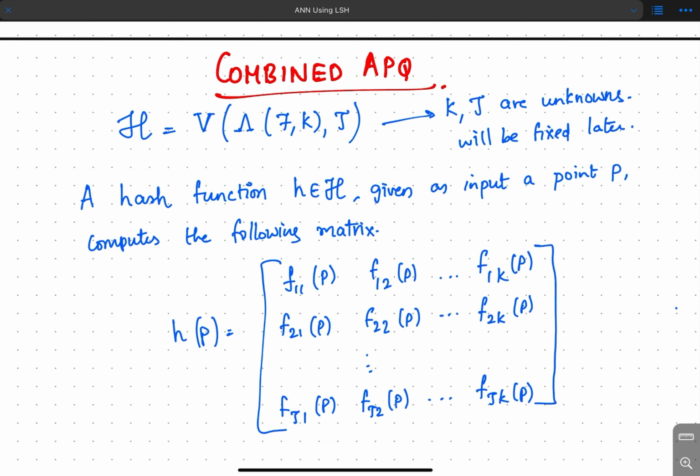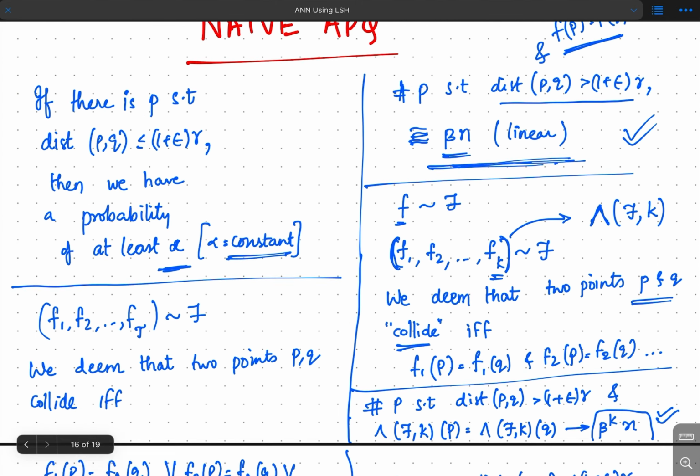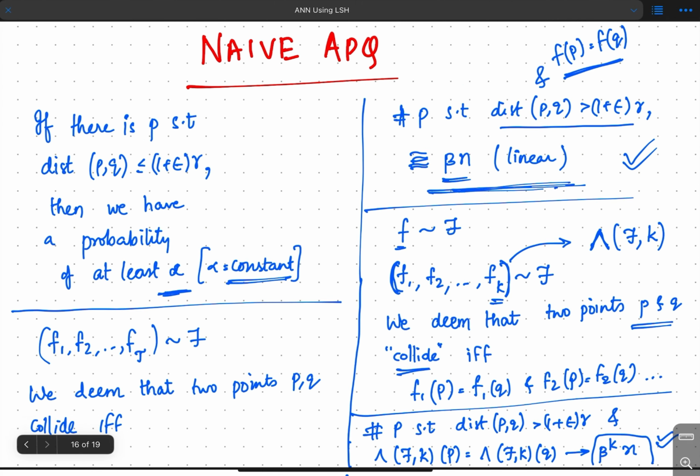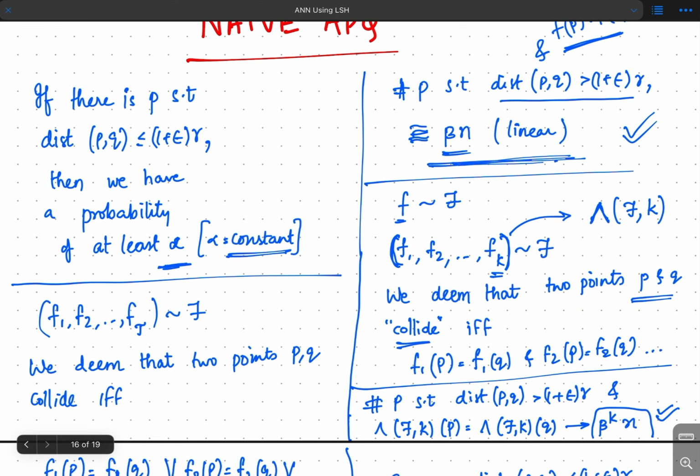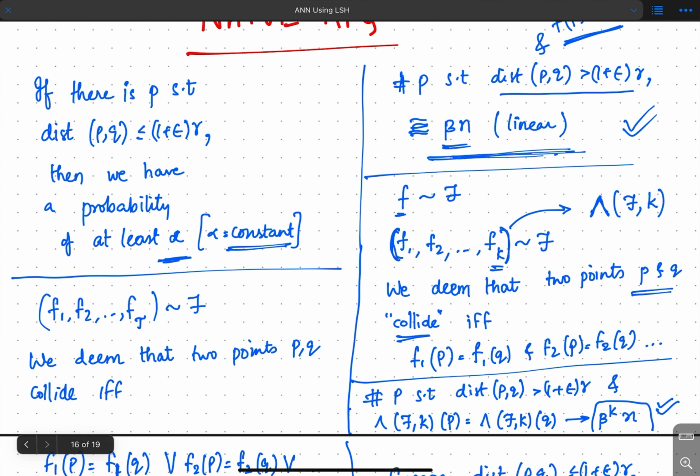So earlier, for naive APQ, the hash function just computed a single value. In these failed approaches, here we try to boost the probability to a constant alpha, and here we try to get the number of bad collisions down.